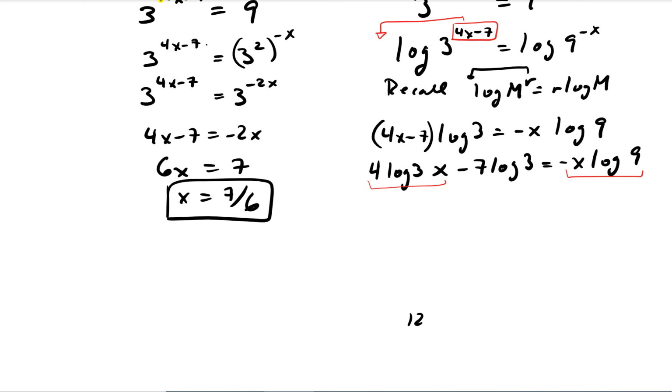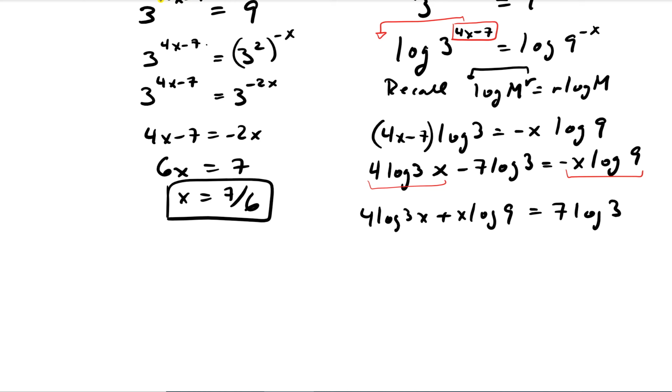You just have to realize log of 3 and log of 9 are just actual numbers. So I'm going to send the x log 9 on the other side, send the 7 log 3 on the other side. So regroup terms that include x and send the other terms on the other side.